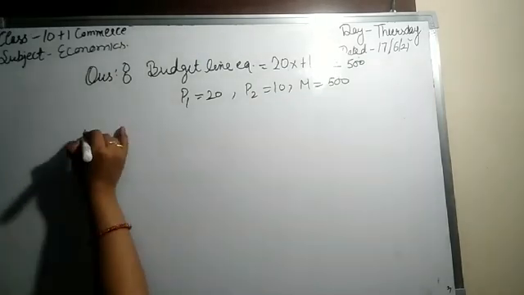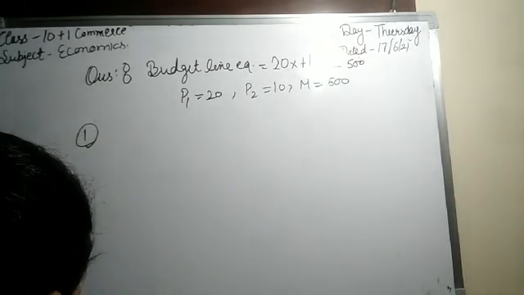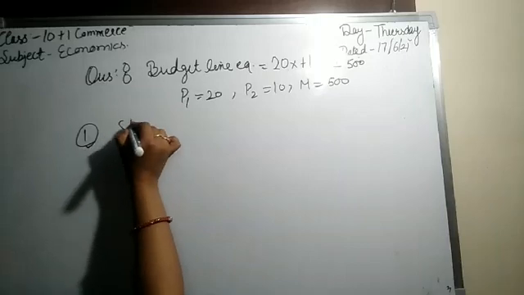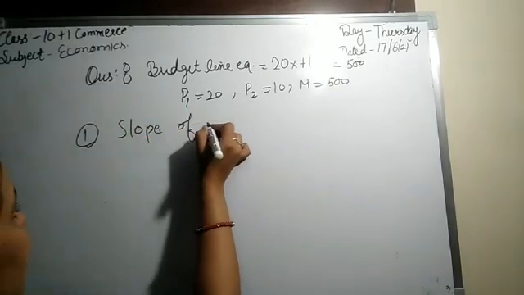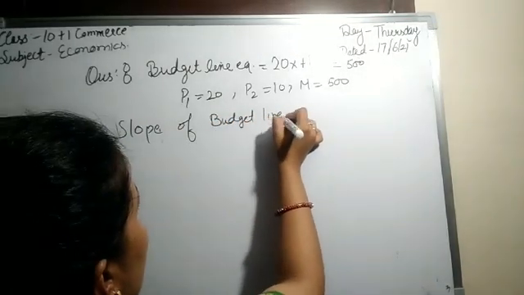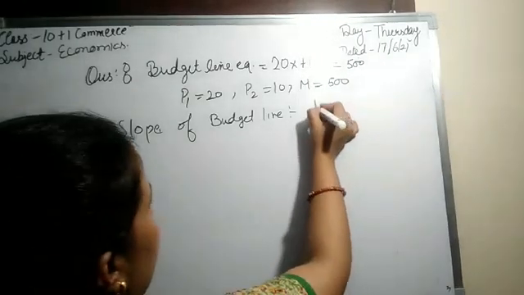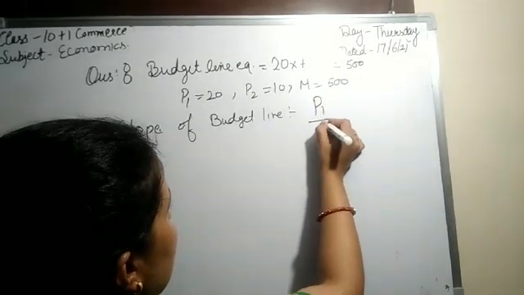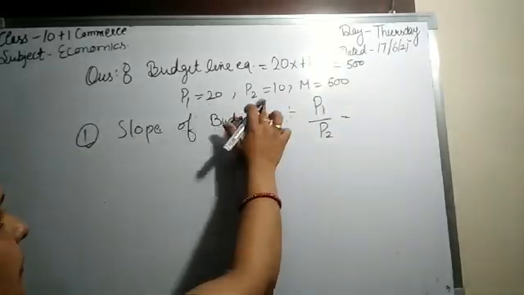First, we have to find out the slope of the budget line. The slope of the budget line is calculated as price of X commodity over price of Y commodity. These prices are given in the equation.